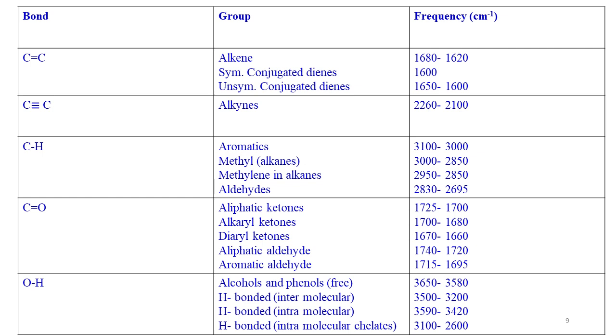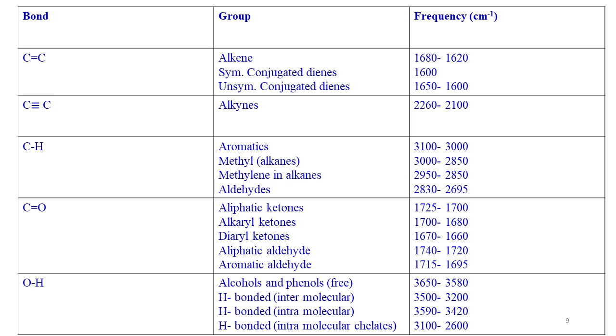In methylene in alkanes it will appear at 2950 to 2850 per centimeter, and for aldehydes the frequency will be 2830 to 2695 per centimeter for CH. Now going to the C double bond O, in aliphatic ketones, the absorption frequency is 1725 to 1700 per centimeter.